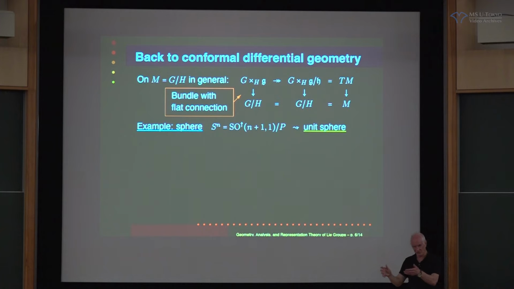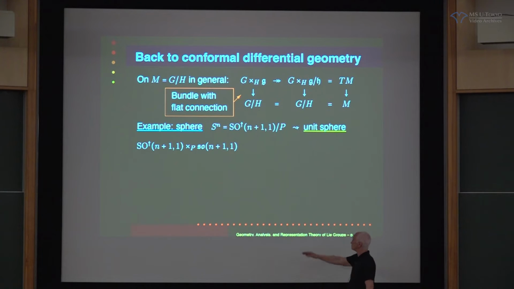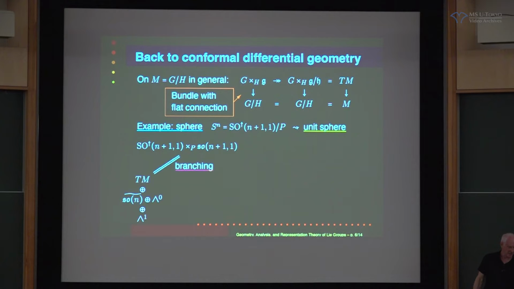It's just not the conformal sphere. What you've really done is chosen a metric in the conformal class in order to think of it as the round unit sphere. The effect of that is that this bundle here, which is a priori actually only filtered as a vector bundle in an invariant way, actually just splits up.